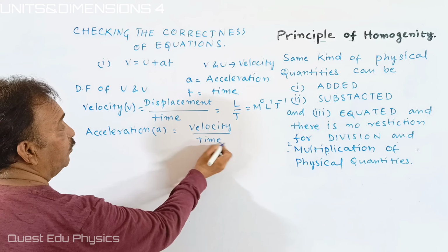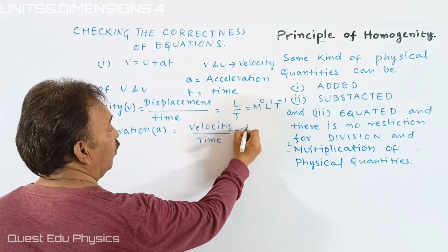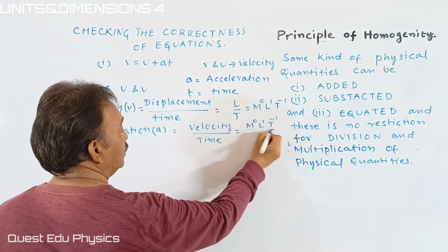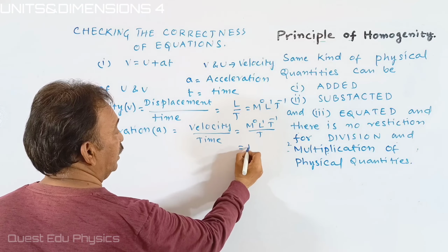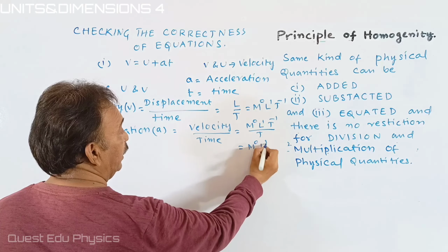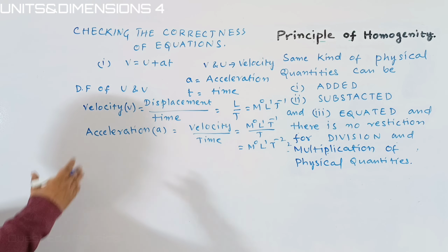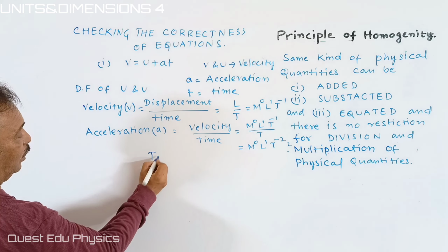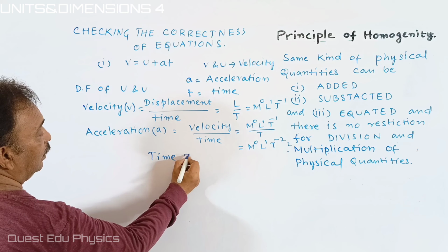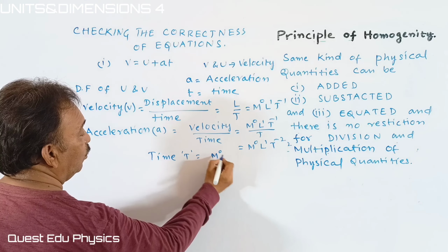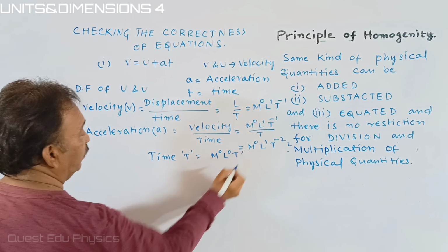Already we got the dimensional formula of velocity, M0 L1 T inverse, divided by T, that is M0 L1 T inverse 2. Okay, students, now we are substituting the values, and time T is M0 L0 T1.